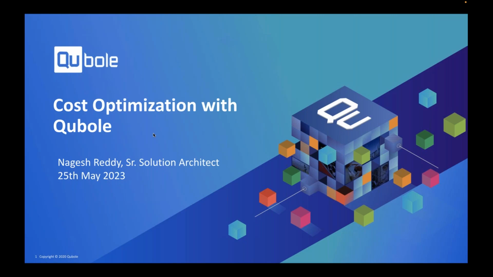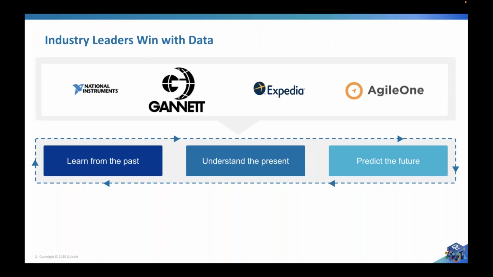We will talk about cost optimization, how it can be achieved in Qubole, and what tools Qubole provides in the ecosystem that can help you in optimizing the cost. Before we kick off, I'd like to talk about what Qubole is and how it helps customers.